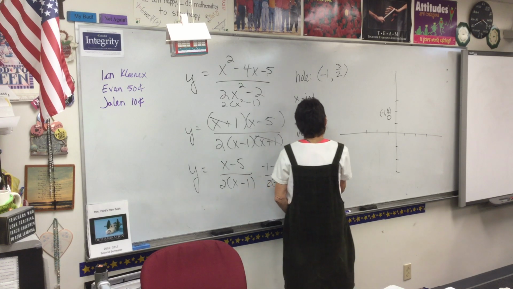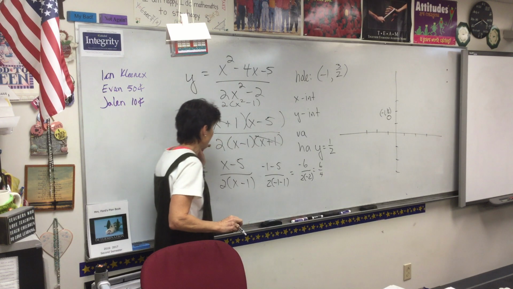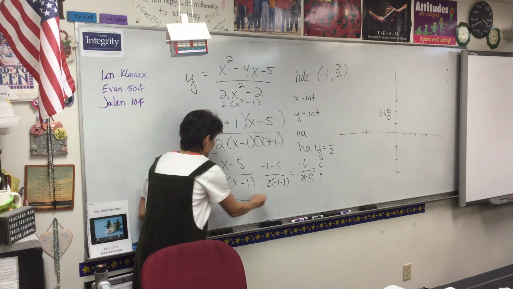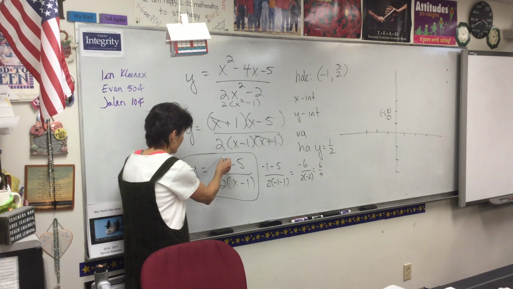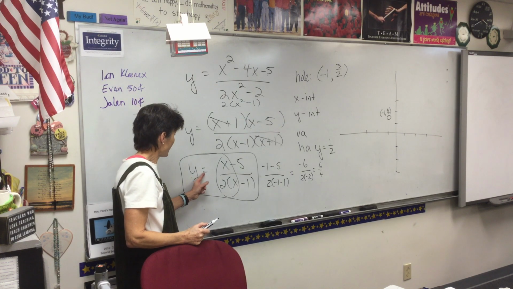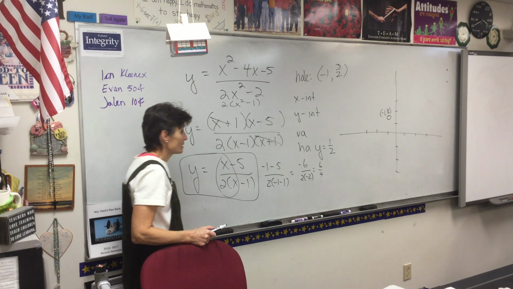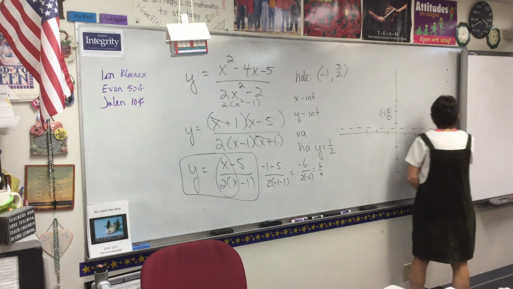Horizontal asymptote is y equals 1/2. The reason he said the horizontal asymptote is 1/2 is, look at my problem right here. Y equals x over 2x. That's 1/2. So his horizontal asymptote is y equals 1/2.